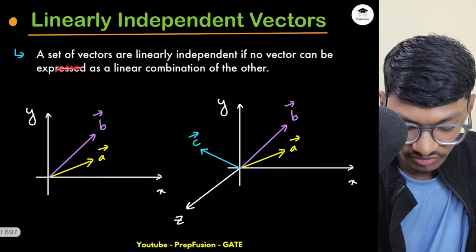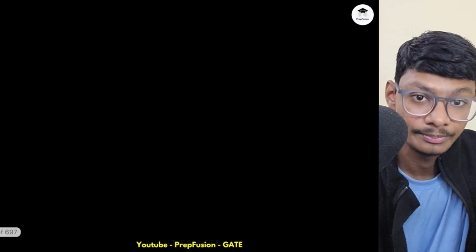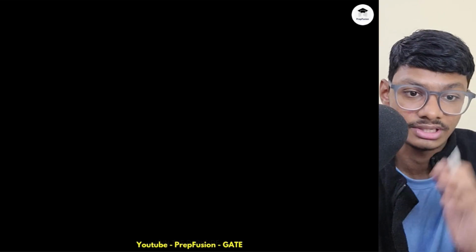So how to prove it basically? I told you a set of vectors are linearly independent if no vector can be expressed in a linear combination. So when they're not linearly independent, that means they are linearly dependent.